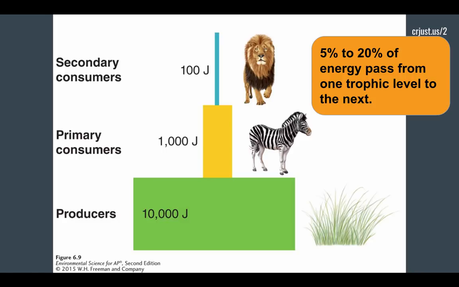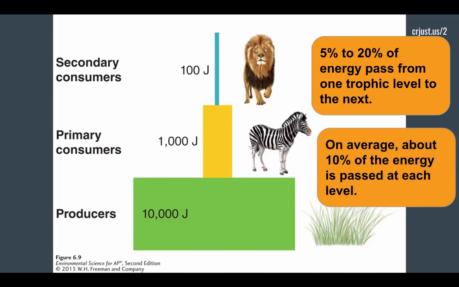It's lost to respiration as heat, as the organisms use up that food. 5 to 20% pass. The numbers on our trophic pyramid look like about 10%, so you'll see this number quite a bit. Around 10% of the energy is passed along at each level. The rest of it, 90%, is lost as heat to respiration.